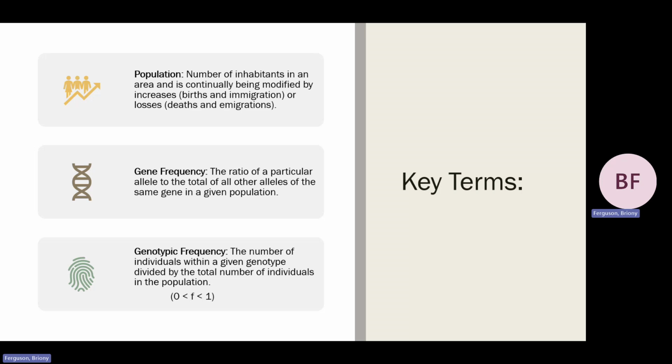Now we're going to talk about gene frequencies. So these are the ratio of a particular allele to the total number of all other alleles of the same gene in a given population. Genotypic frequency, however, is the number of individuals with a specific genotype divided by the total population.